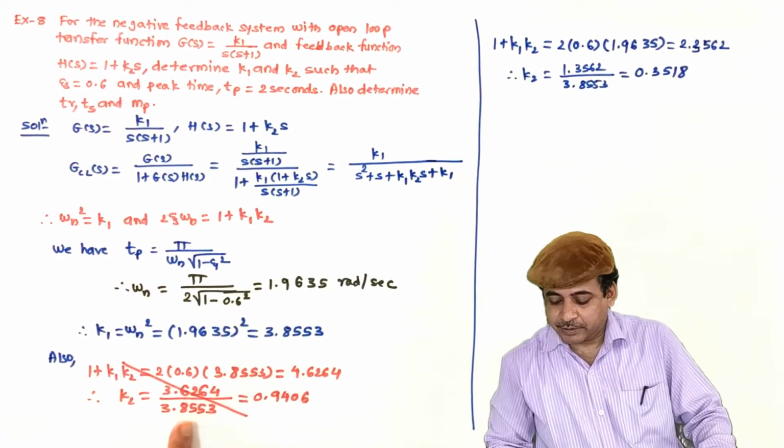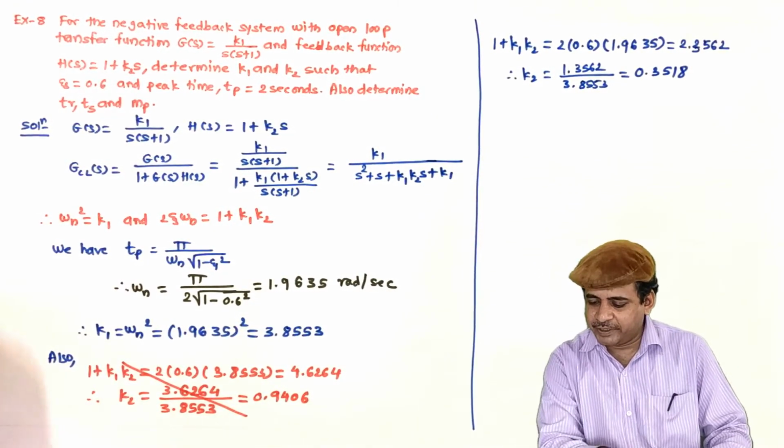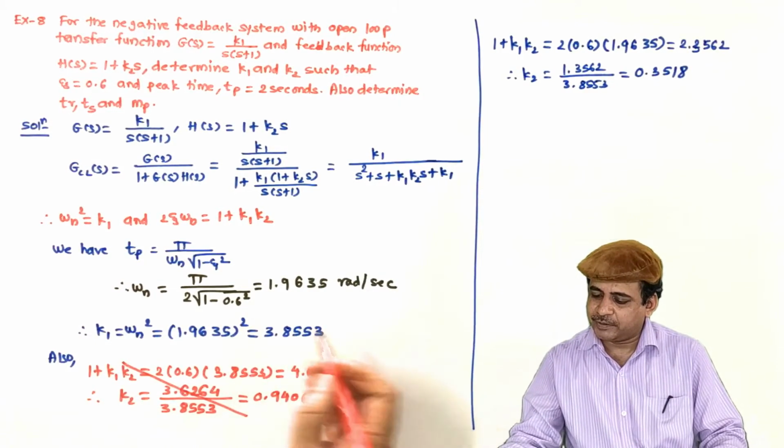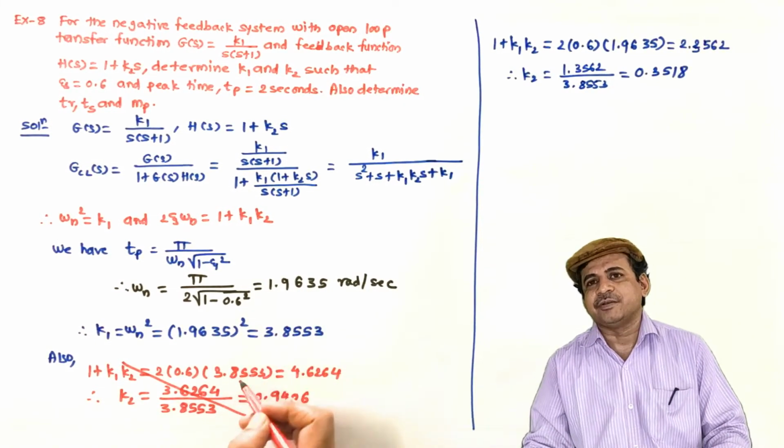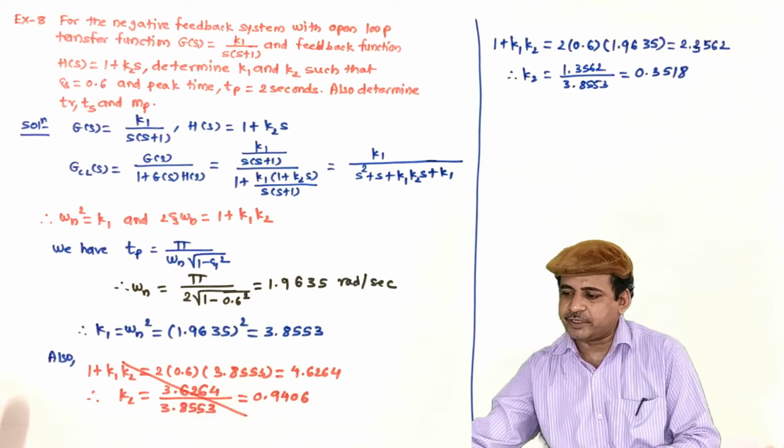So here we have committed a mistake. What we did here, instead of omega n, we put omega n square. So please avoid this kind of mistakes.